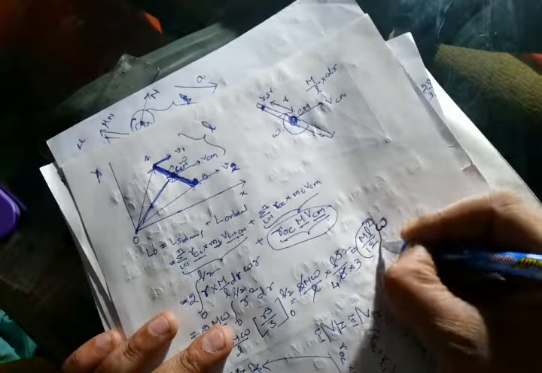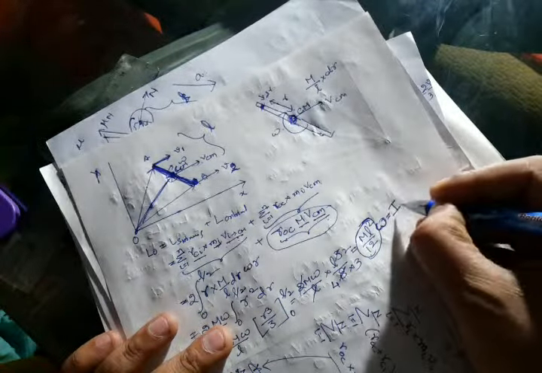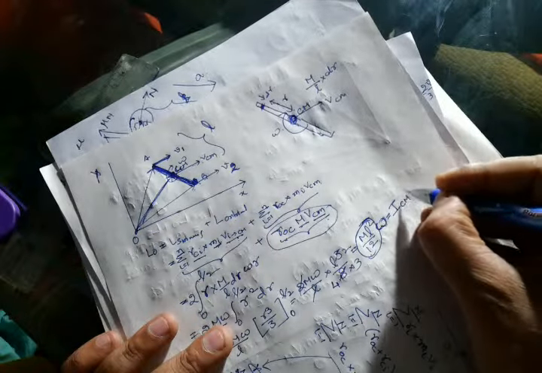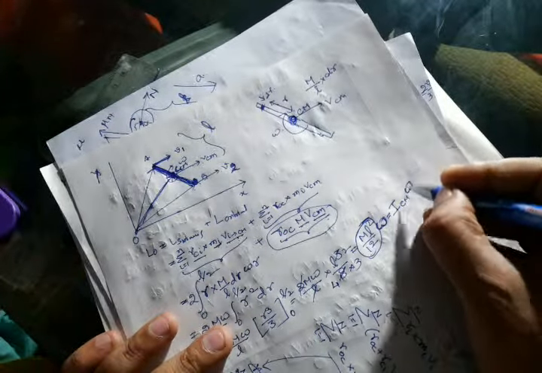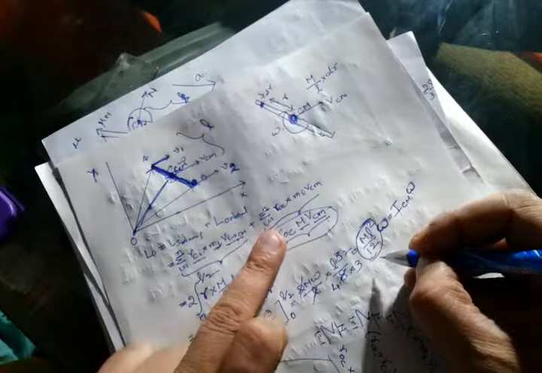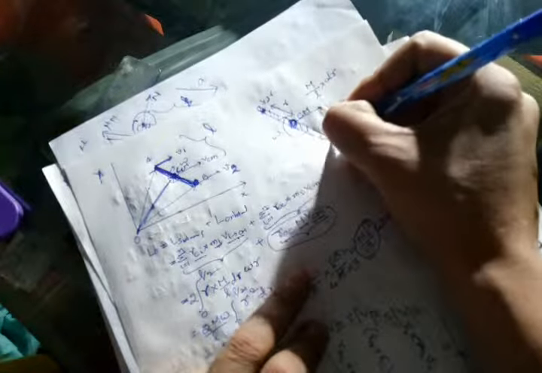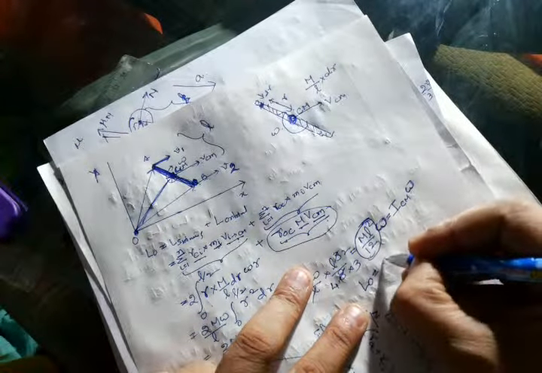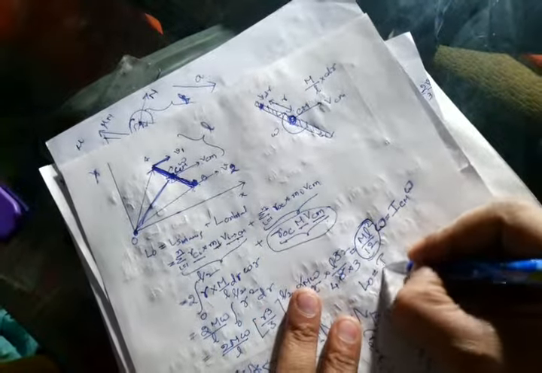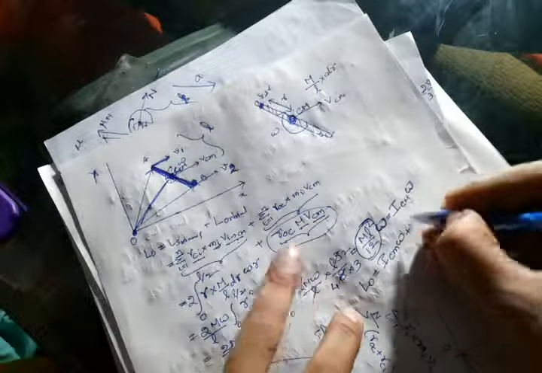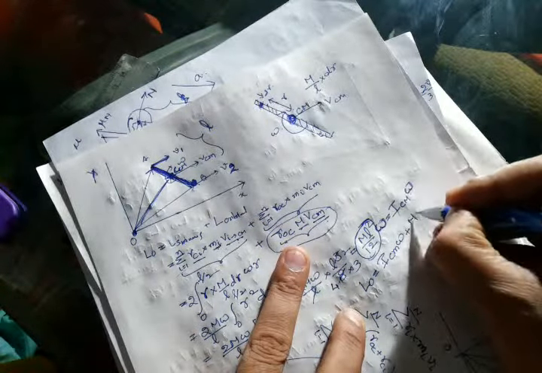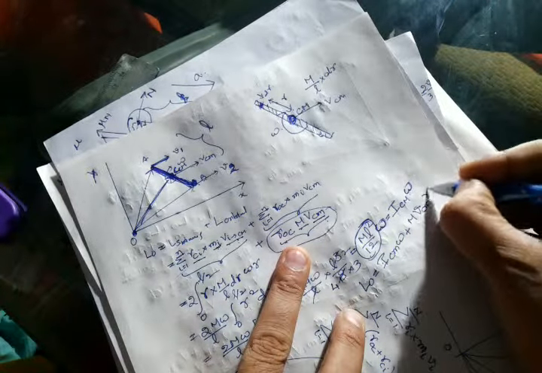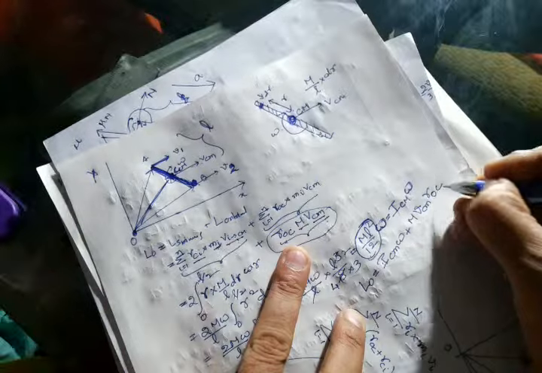And m L square over 12 is the I corresponding to CM, into omega. So for spin, for this rod around O, the moment of inertia around O will be this I_CM omega plus total mass M V_CM into R_OC.